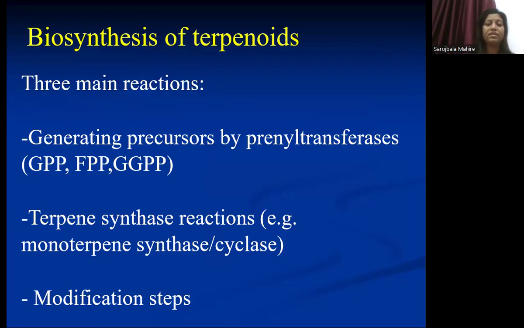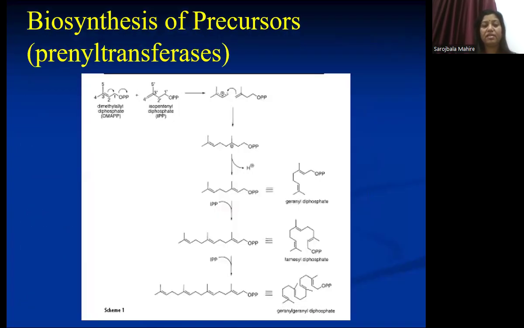Biosynthesis of terpenoids: there are three main reactions. Generating precursors by prenyltransferase. This is one of the enzymes that are found in terpenoids. Then the terpene synthase reaction, for example, monoterpene synthase and cyclase, and then their modification.